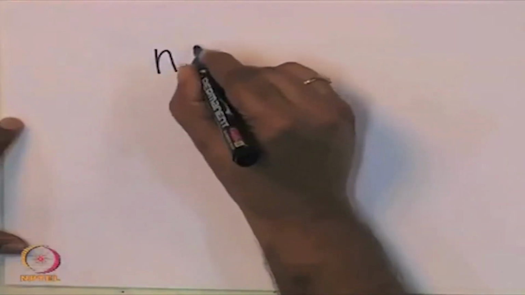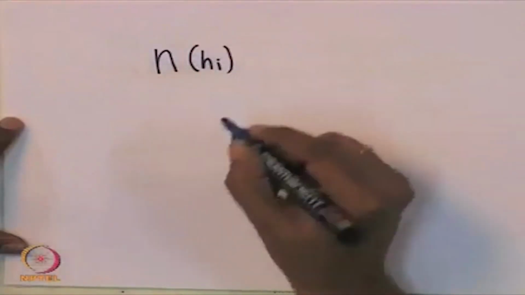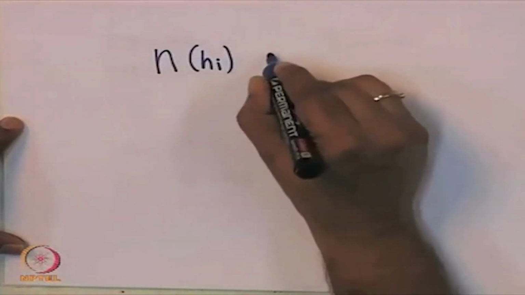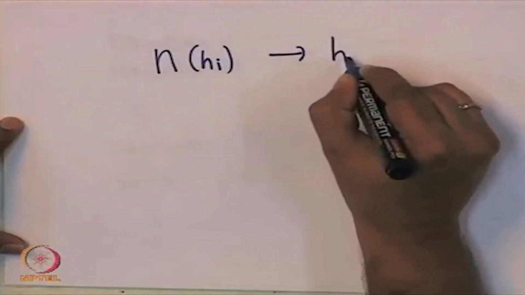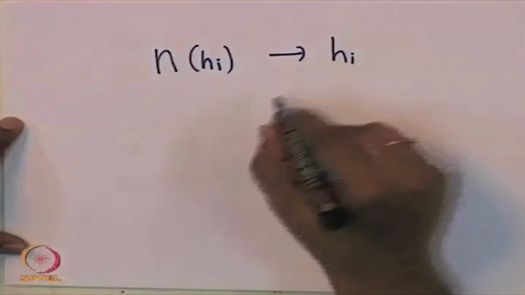So let us say you have the data presented in such a way that n of h i is the number of students having height h i.